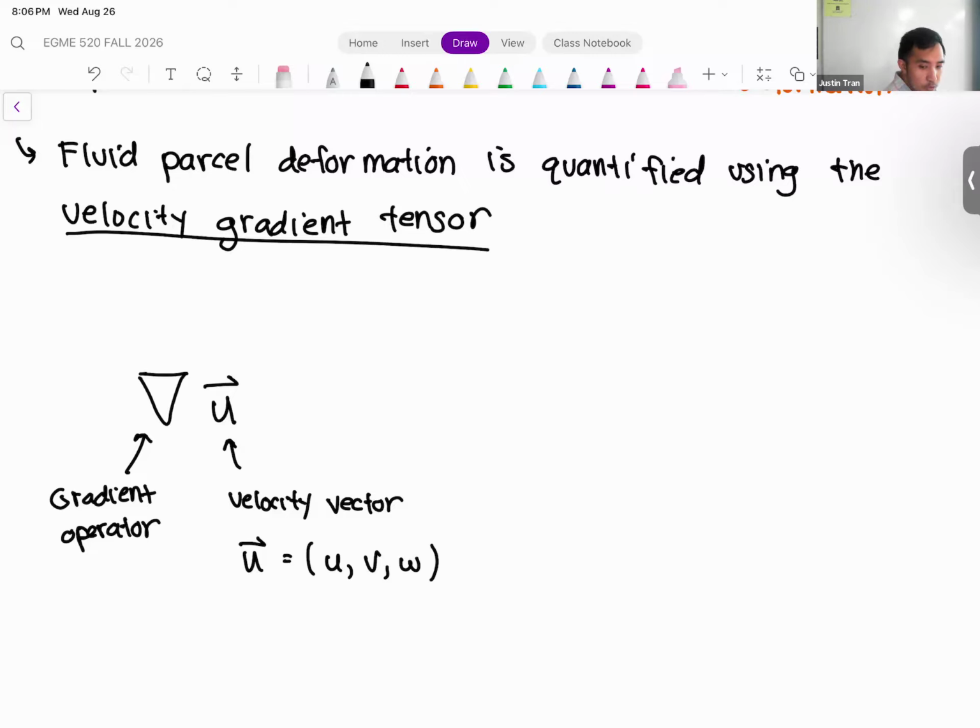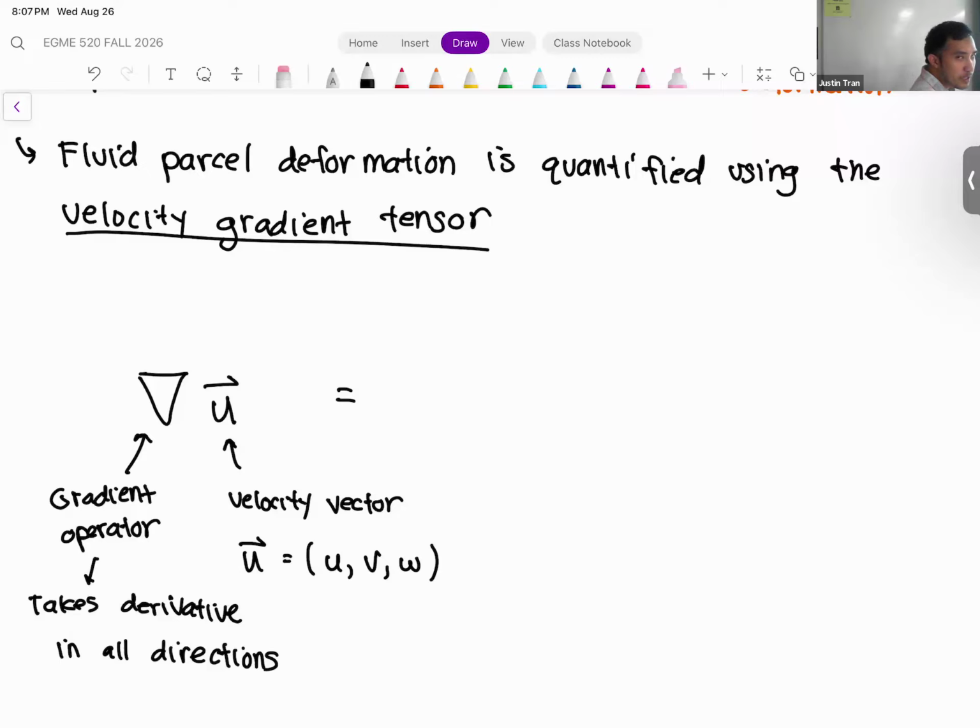Now, the interesting thing is that with the gradient operator, we're taking derivatives in all 3 directions, but the object that we're taking the derivative of has three components. So we need to take derivatives in three directions of a vector quantity that has three components. And so the gradient operator means that we're going to take every single combination of derivative and component, right? And the best way to do that is to represent it with a matrix. Hence, we call this the velocity gradient tensor.